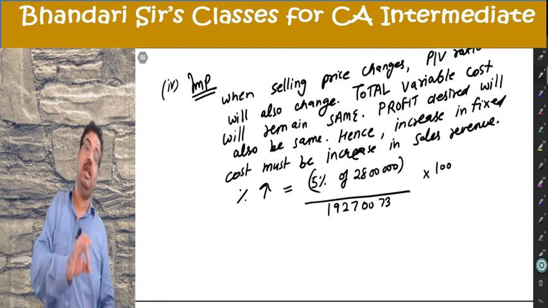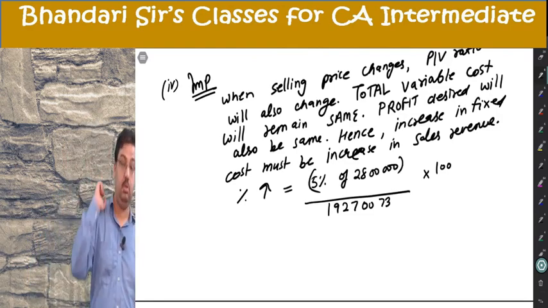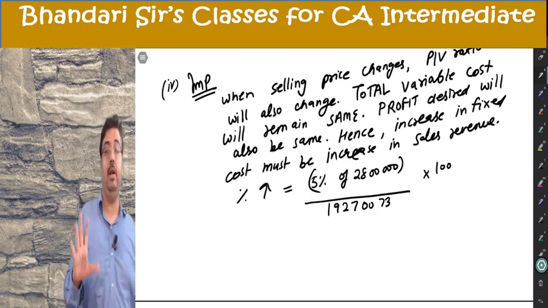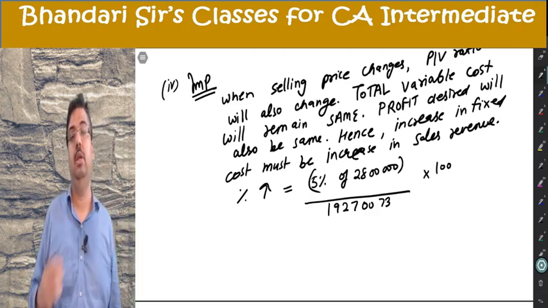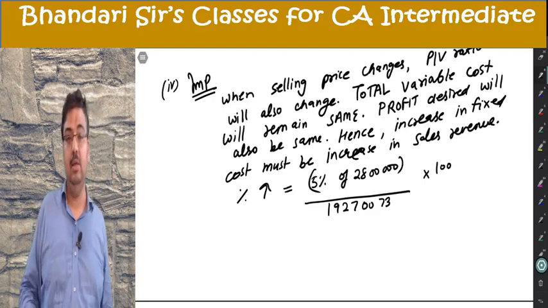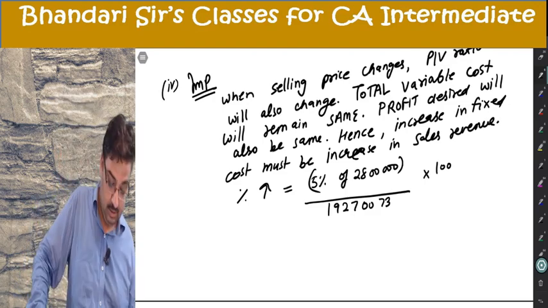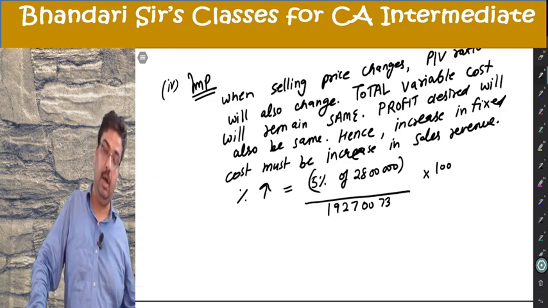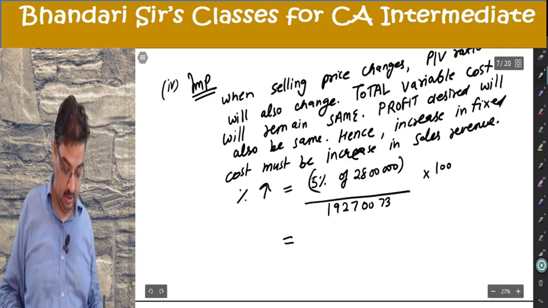Whatever is increase in sales revenue is increase in selling price also, because units of sale are same. So very importantly, I need to find increase in fixed cost, which is 5% of 28 lakh, divide by original sale 1,92,70,073 multiplied by 100. That will give me percentage increase.